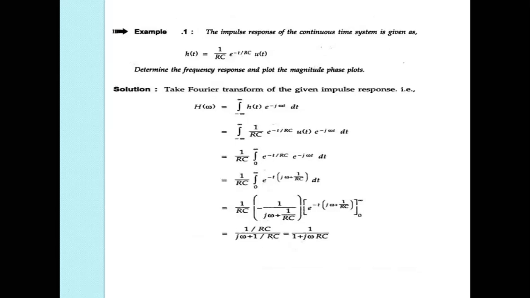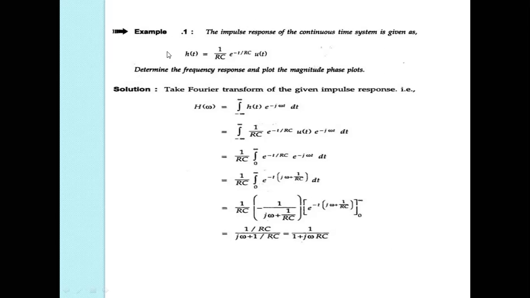Now you can see one other example of the frequency response. The impulse response of the continuous time system is given, impulse response being nothing but h of t. Remember, these are the technical words in signals and systems. Impulse signal is delta of t. Impulse response is h of t. Remember, my dear students, impulse response is h of t.